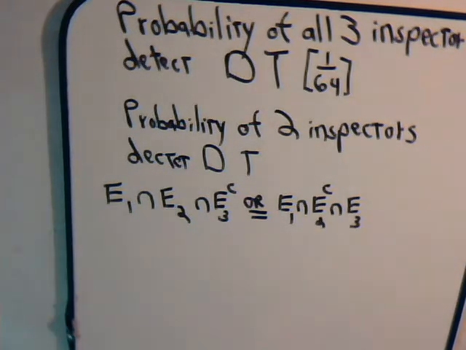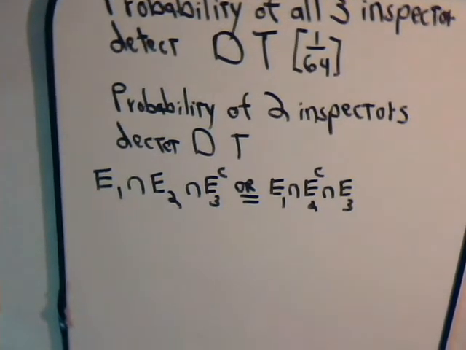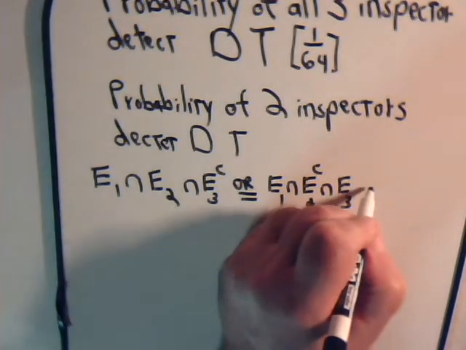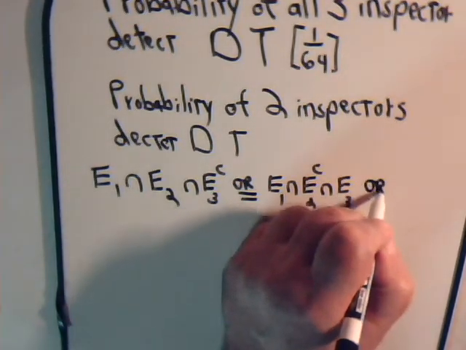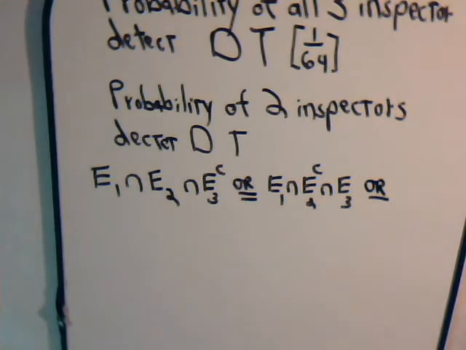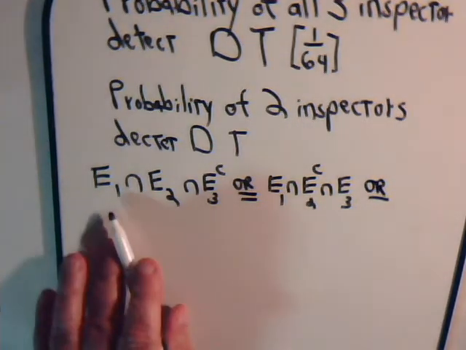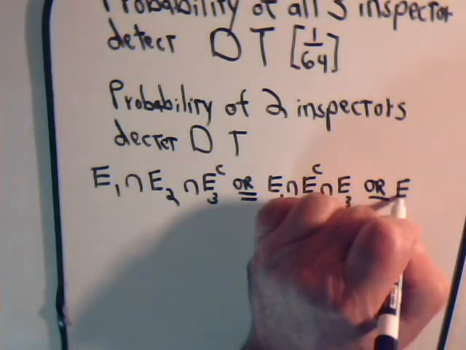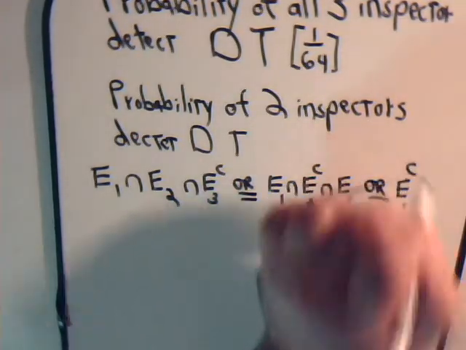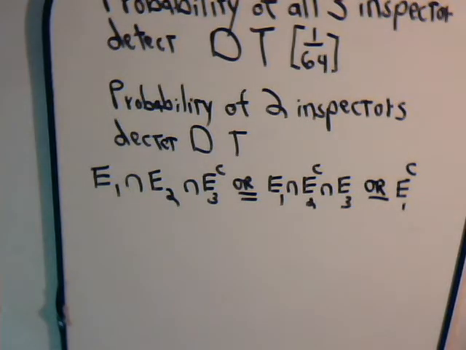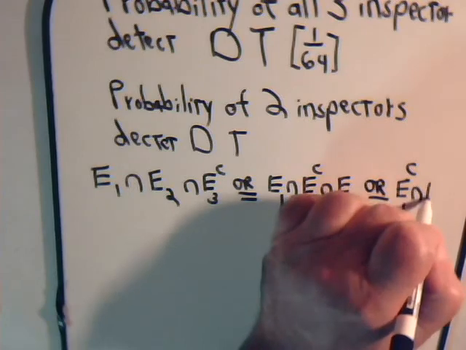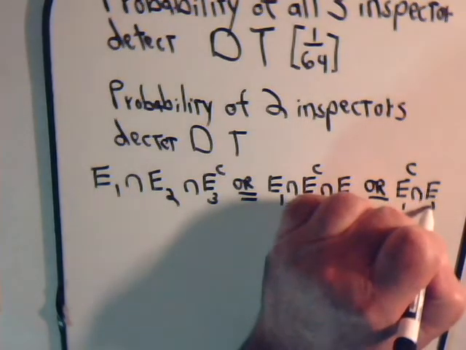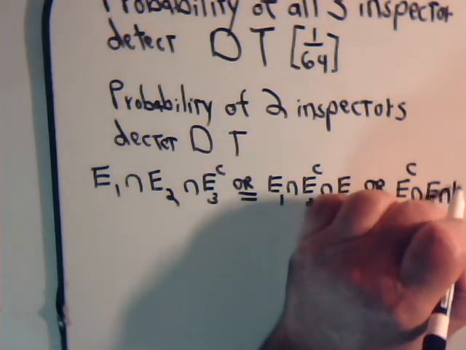Or, we'll try to keep things in focus. It might be that the first inspector may not find the defective transistor, but the rest of them do. The second one does, and the third one does.